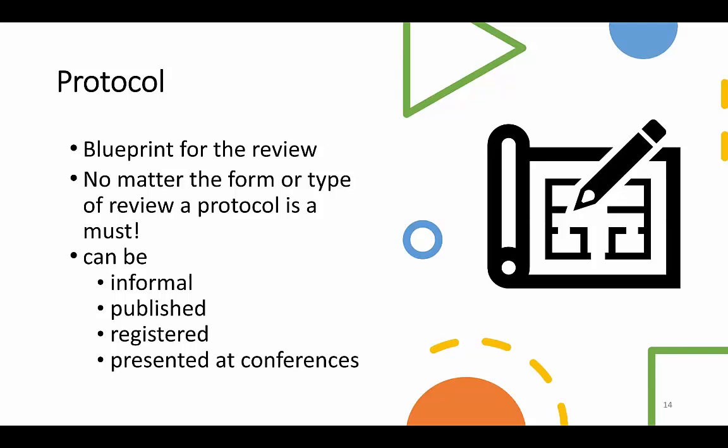So of course, the protocol is a blueprint. No matter what type of review you're working on, or if you're going to have it published, I would still have my team figure out their protocol before I'm going to go and develop the whole search.